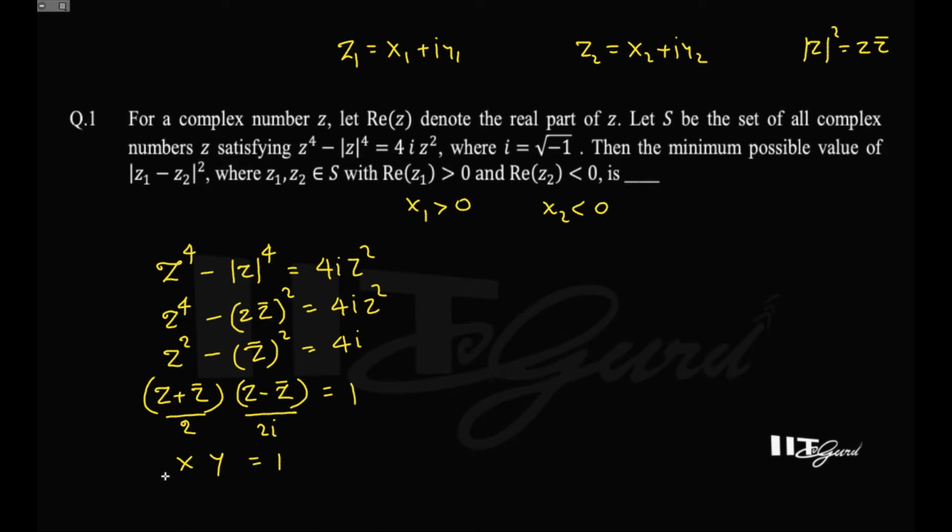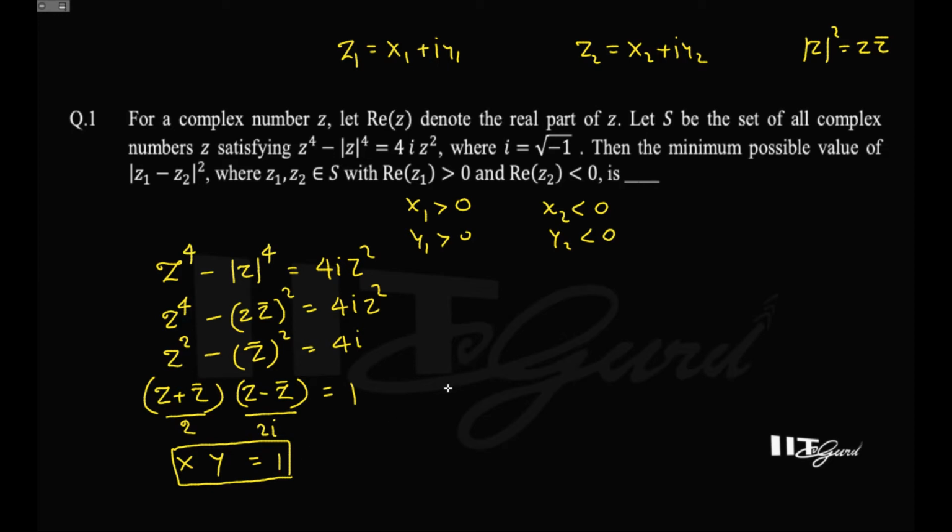So xy equals 1. This is the locus of a hyperbola, a rectangular hyperbola. From here we conclude, as x1 is positive, y1 should also be positive, and y2 should also be negative because on multiplication you have to get 1.